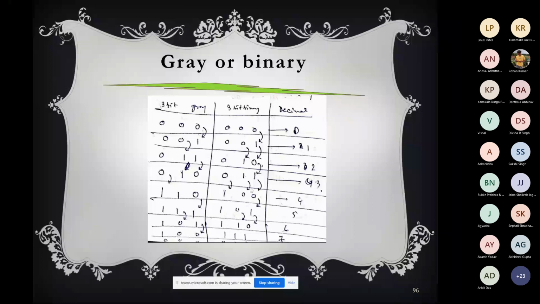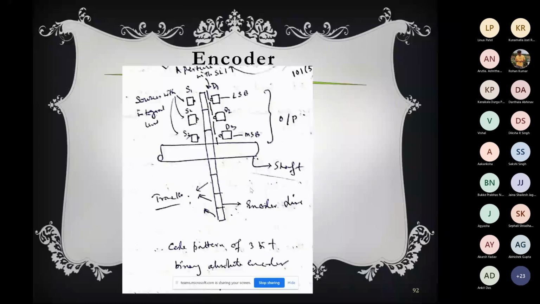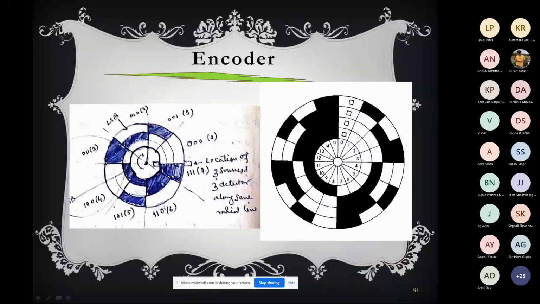Suppose our transition is happening from here to here. How many transitions are happening? White to dark, dark to white. So two transitions are happening.